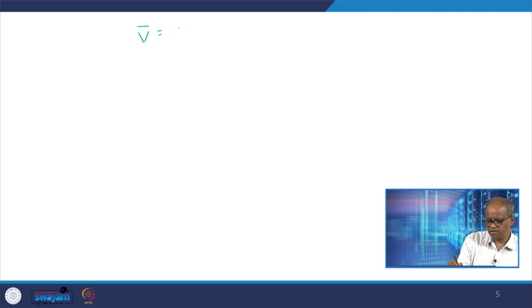So, for this three phase line, V is VA, VB, VC transpose. So, it is a 3 cross 1 vector.